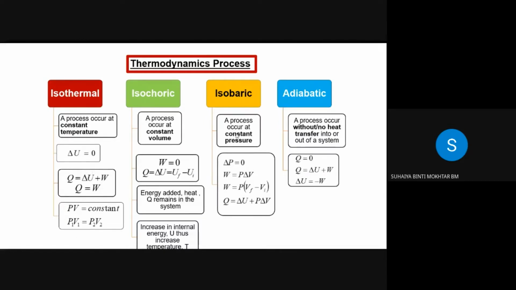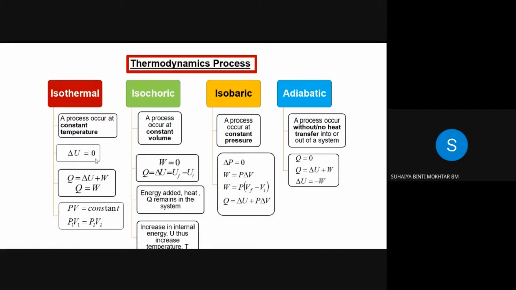Okay, so isothermal here, constant temperature, so delta U equals 0, right? Use the equation U equals nR delta T. So T is constant, so you get delta T equals 0.